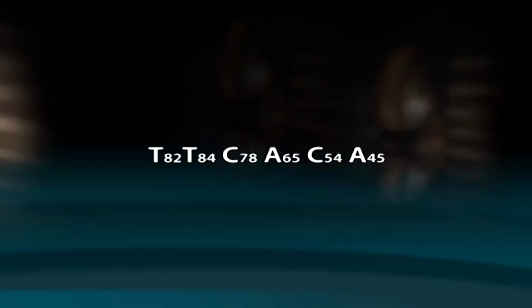There is another sequence with the following: T82, T84, G78, A65, C54, A45, which lies at -35 bases upstream and is called the recognition region. Although details of the binding reaction are not known, typical promoters in E. coli use -35 and -10 sequences to be recognized by RNA polymerase.